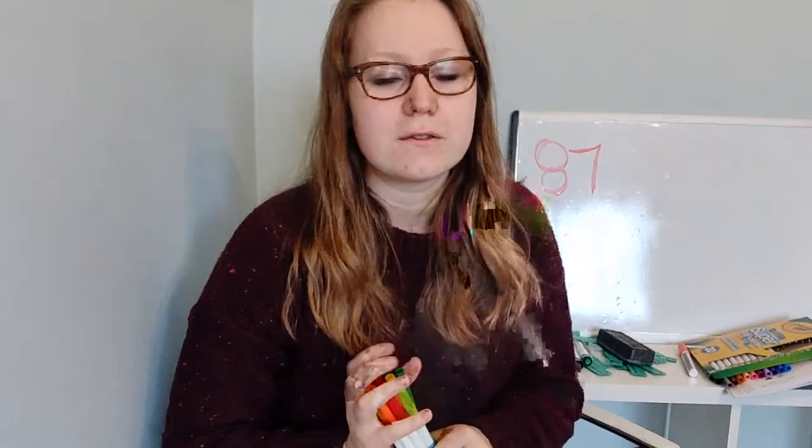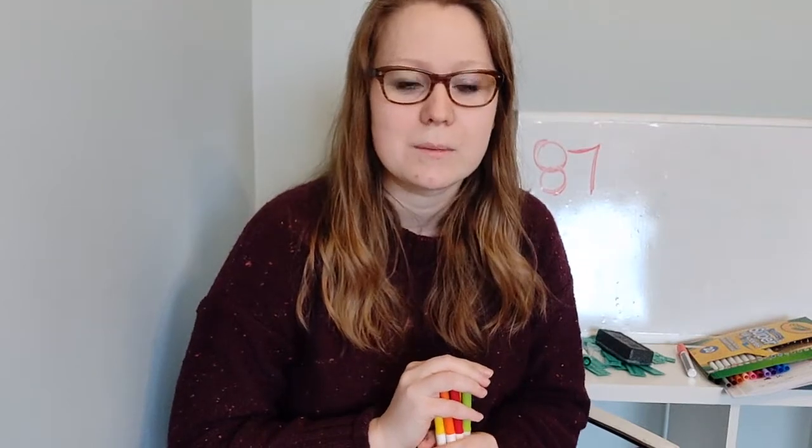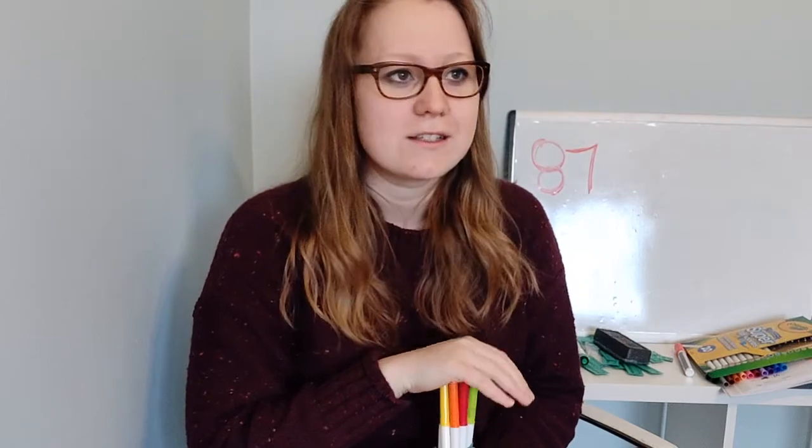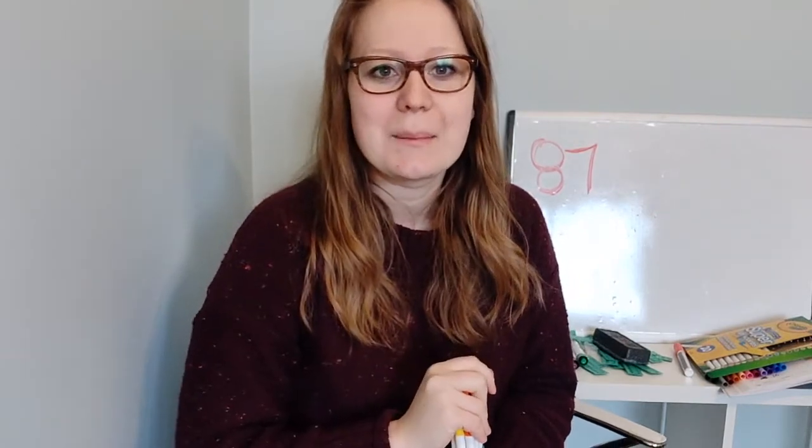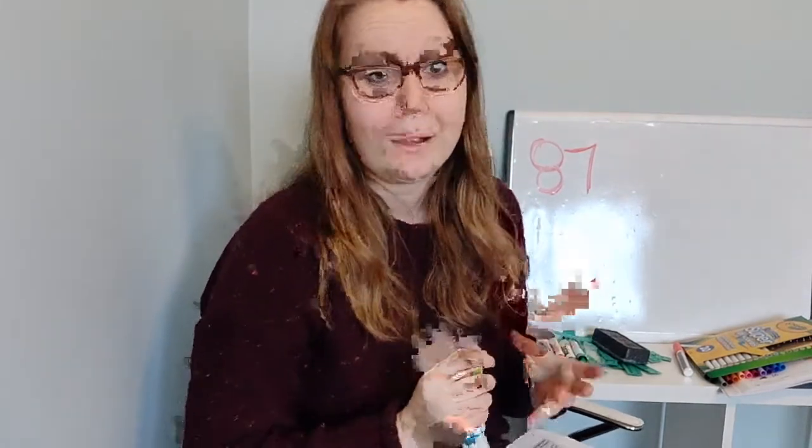My group of markers will be like the 10s, and my single markers will be like the 1s. I'm going to show you a couple of different numbers with the markers, and I want to see if you can just shout out what the number is, what I'm showing you.